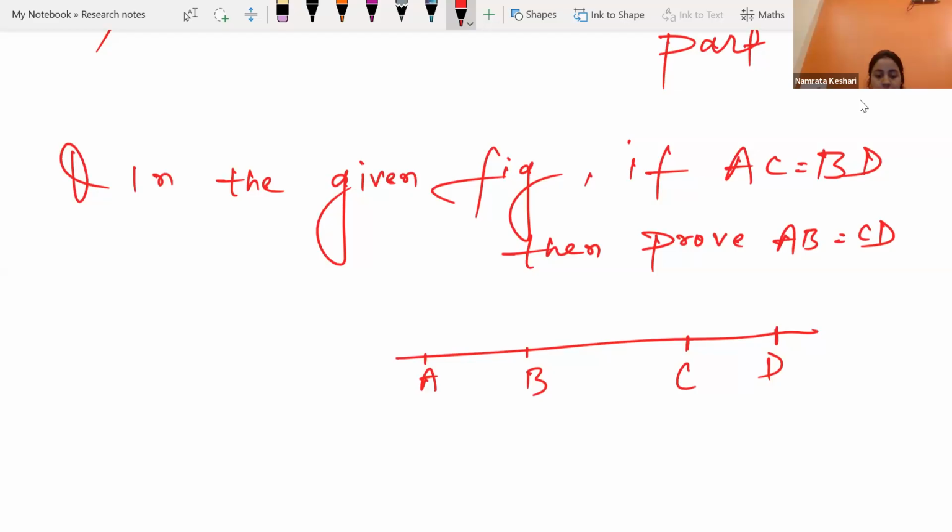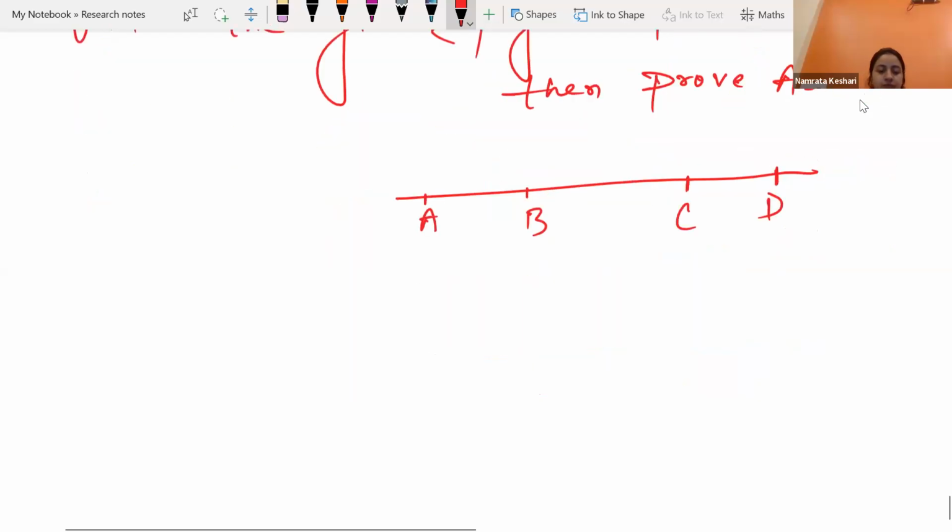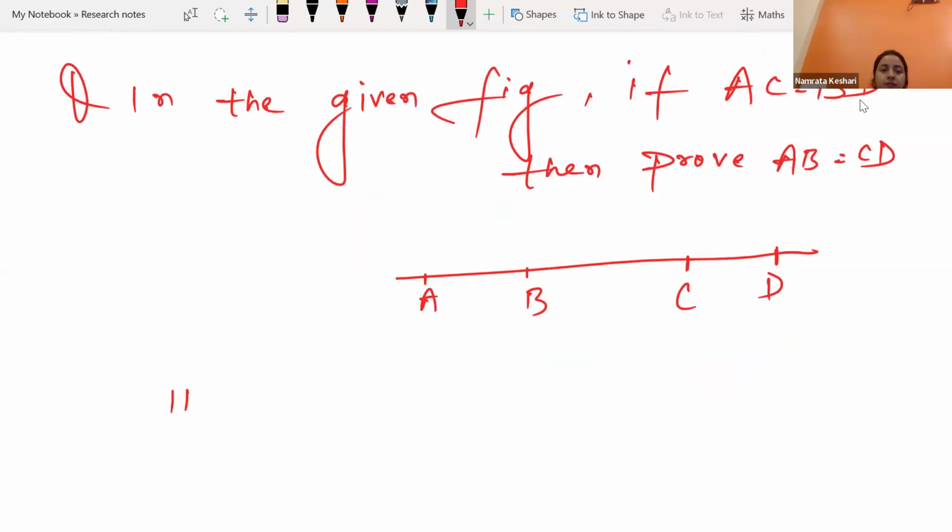Irshad, Bharti, Hanan, Sara, are you done? How many lines can be drawn through a given point? Indefinite.